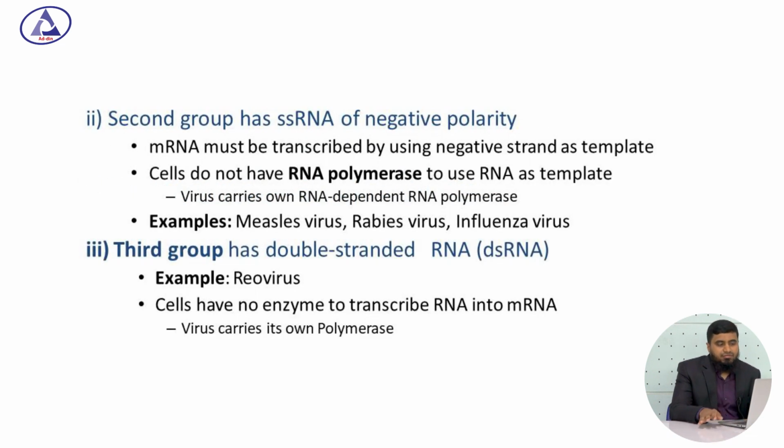Now, the second group are single-stranded but with negative polarity. These RNA viruses must have a virion-specific RNA polymerase, as the negative strand cannot be used as a template for the synthesis of messenger RNA that is used to produce enzymes as well as genome.